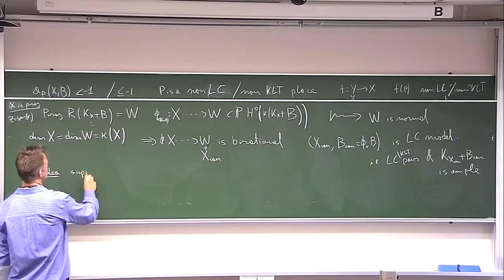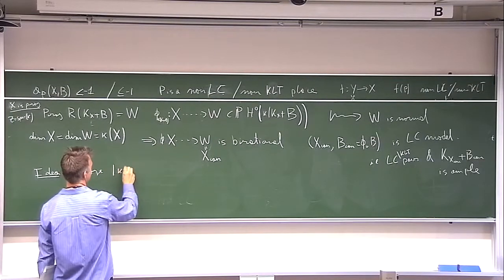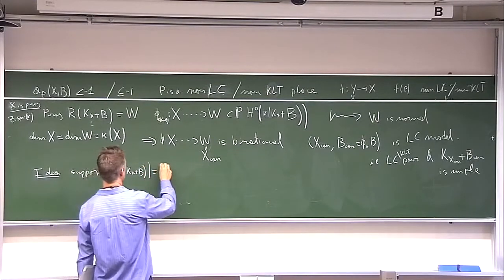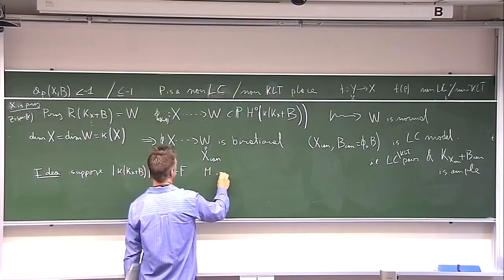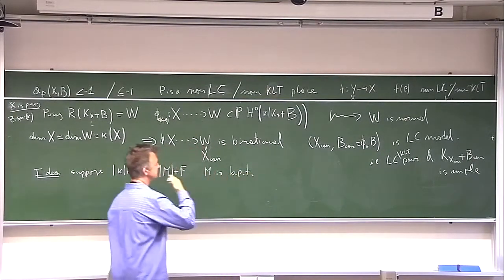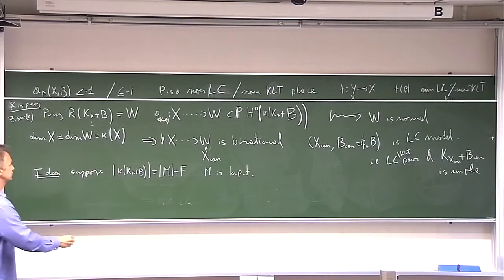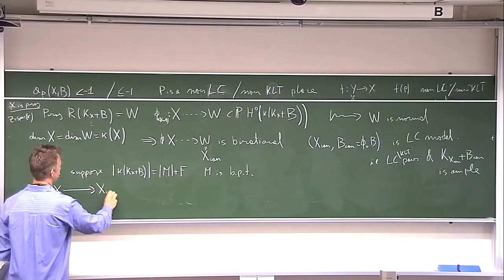Let's suppose, and you can easily fix it in the proof, that K_X plus B is base point free. So there's a moving part plus a fixed part, where the moving part is base point free. Being base point free means that the sections of the corresponding line bundle have no common zeros. So you get an actual morphism to X_can.